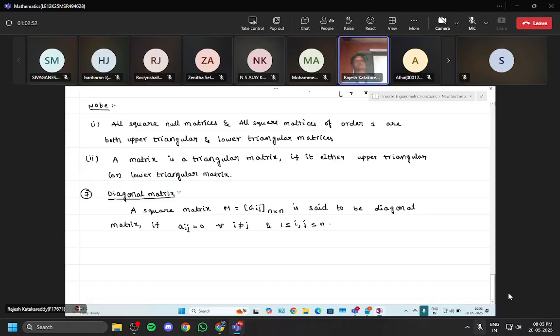Any element other than the principal diagonal element should be 0.